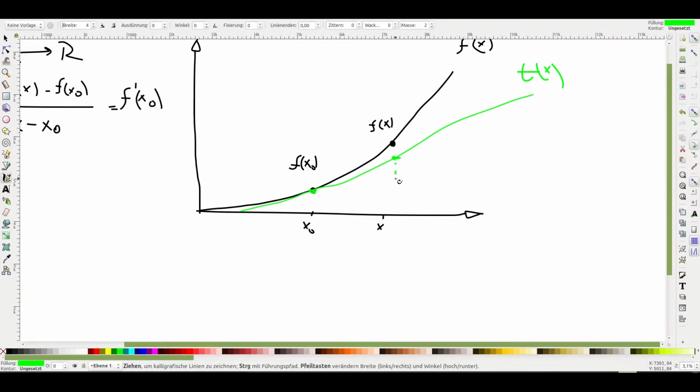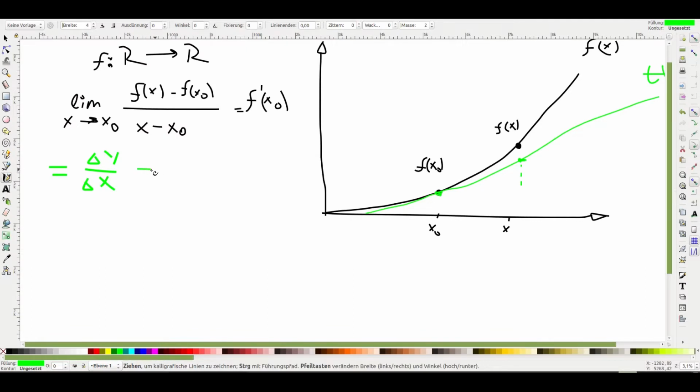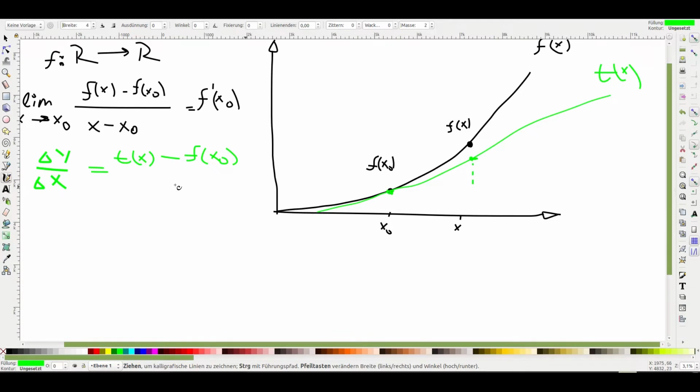So our delta y is equal to t of x minus f of x0 over our delta x, which stays the same as above, which is nothing but x minus x0.